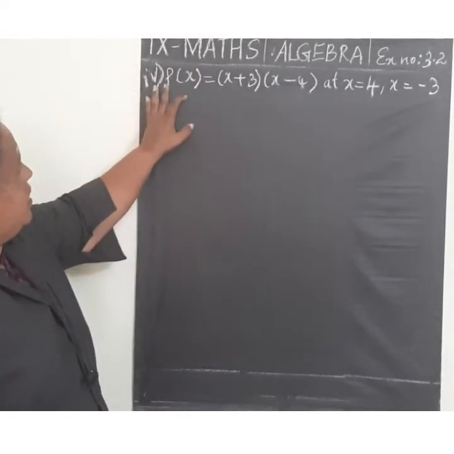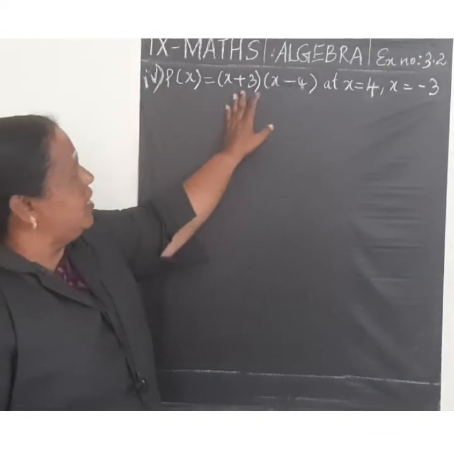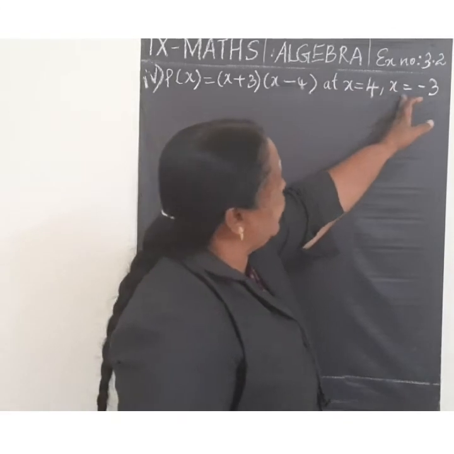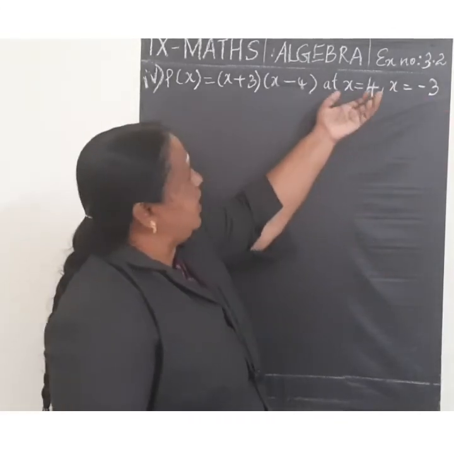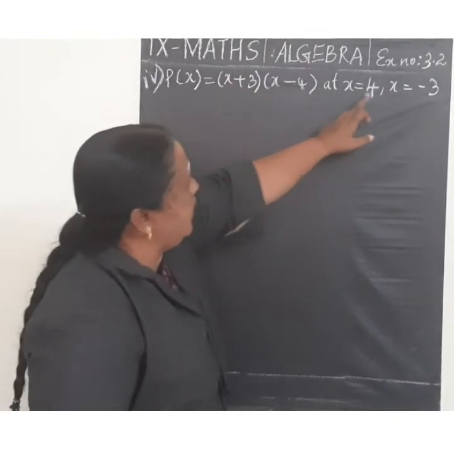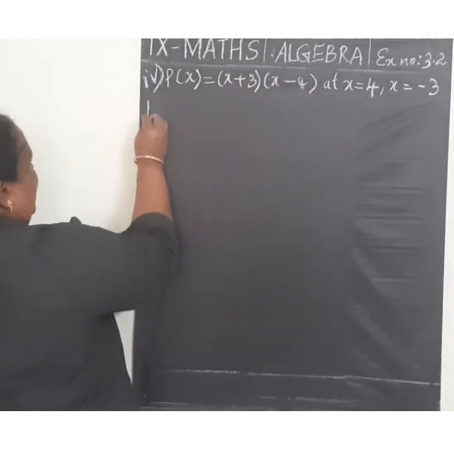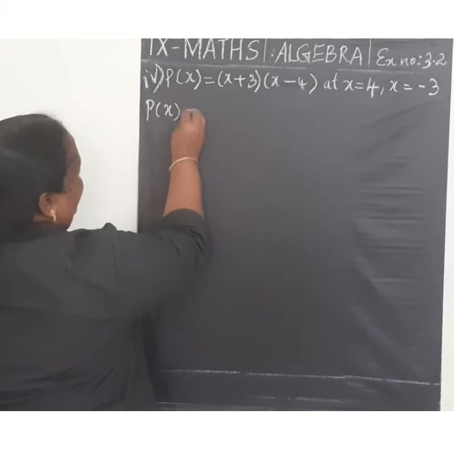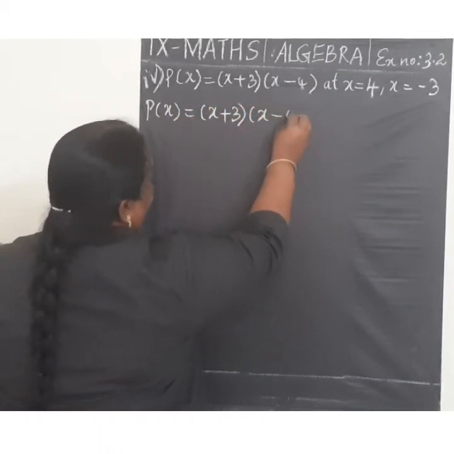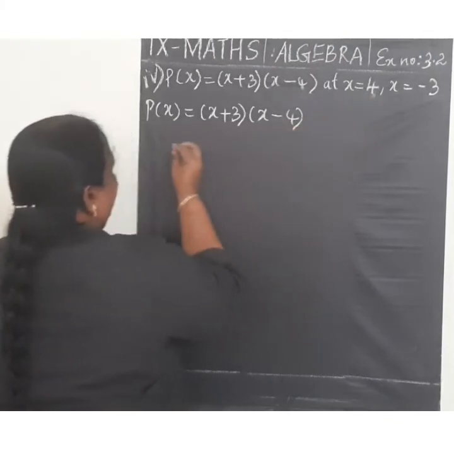Next, fourth subdivision, p of x is equal to x plus 3 into x minus 4, at x is equal to 4, x is equal to minus 3. Here they have given two x values. The two x values we have to substitute. First we will take x is equal to 4. P of x is equal to x plus 3 into x minus 4.